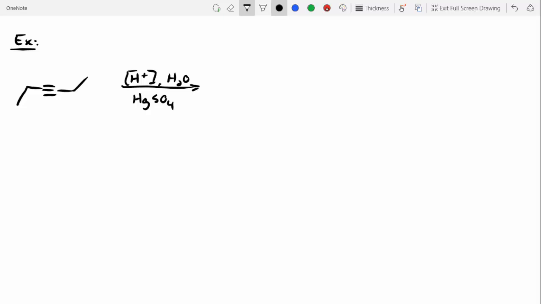No. So we've kind of got ourselves in a conundrum here. We could say, all right, we could have the alcohol come off this side, or we could have it come off the other side, but does it really matter? No, it gives you the same product. And then, if you remember, we've got this tautomerization from our enol to our ketone.